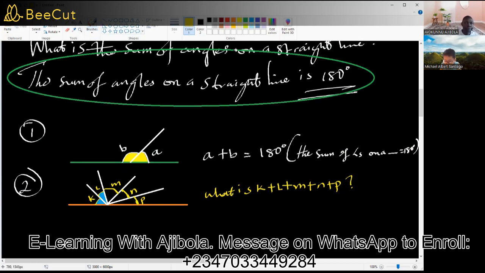Now let's see. So this and this and this. How many angles are there now? 5. Now in the first one, in question 1, how many angles are there? First one was 2. Then in the second one, there are 5. So if I add the 2 angles on the first one, I got 180, right? So if I add the 5 angles on the second one, what will I get?